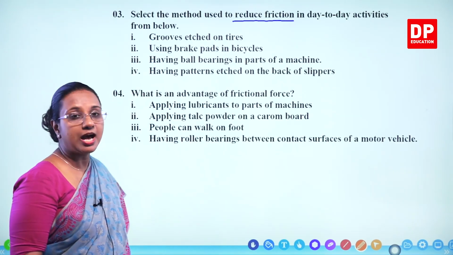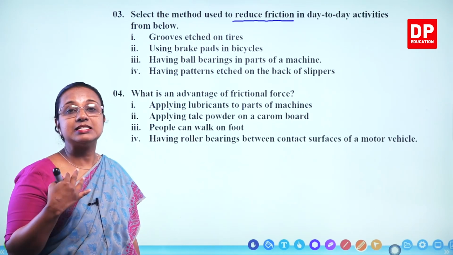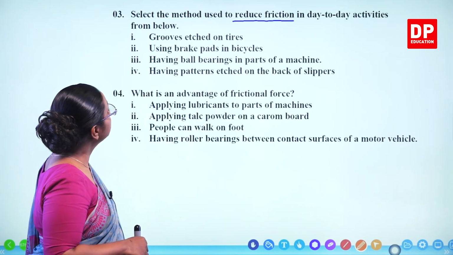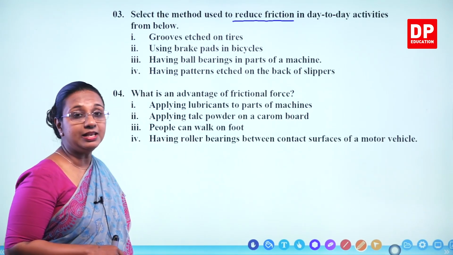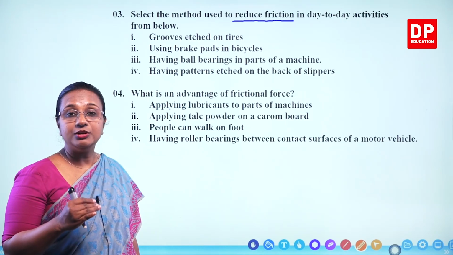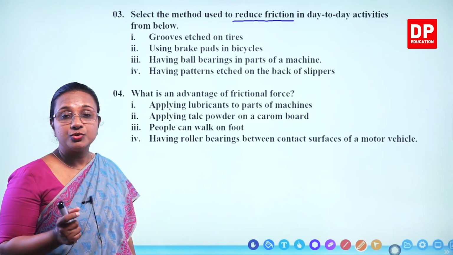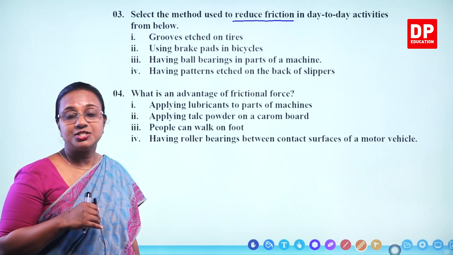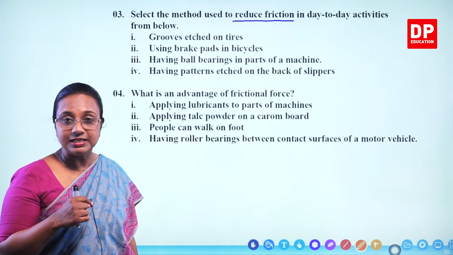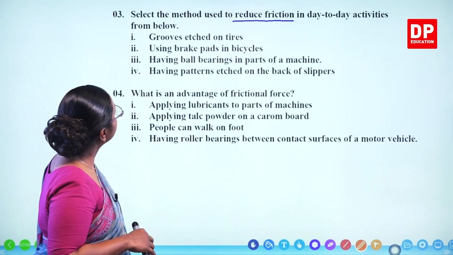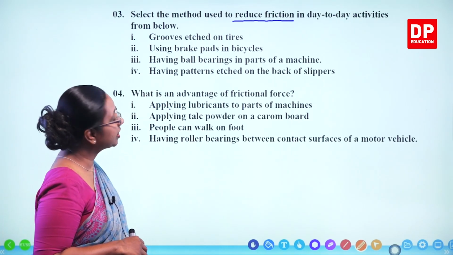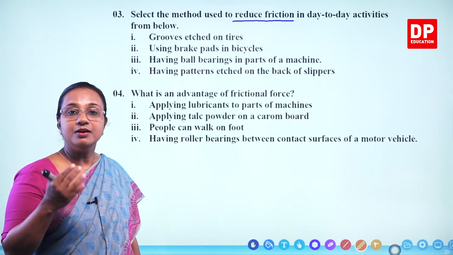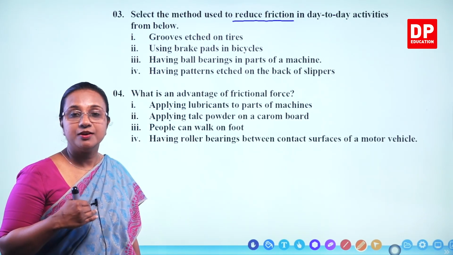Grooves etched on tires increase the friction between the tire and the road. Using brake pads in a bicycle, there also you need to have high friction so that the brake pads stop the bicycle when they touch the rim of the bicycle tire. Having ball bearings in parts of machine, that is the answer where we use a method to reduce friction.